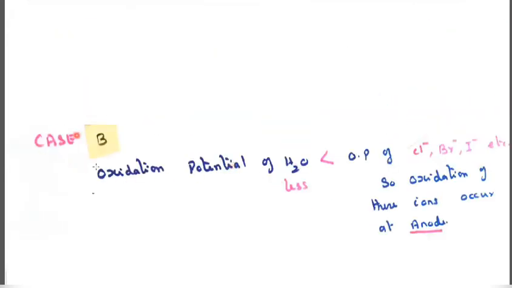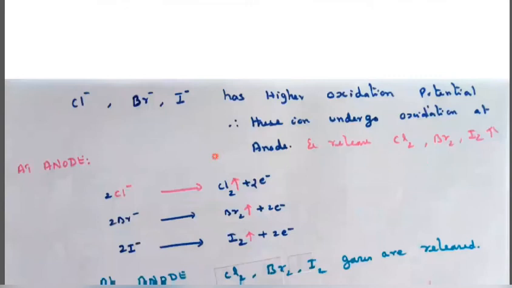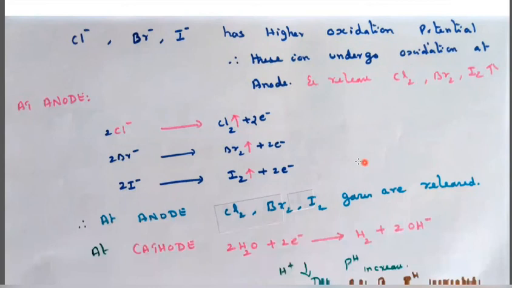In case B, the oxidation potential of water is less than the oxidation potential of Cl-, Br-, I-. So oxidation of these ions occurs at the anode. Cl-, Br-, I- have a higher oxidation potential, so these ions undergo oxidation at the anode: Cl- releases Cl2, Br- releases Br2, and I- releases I2 gas.